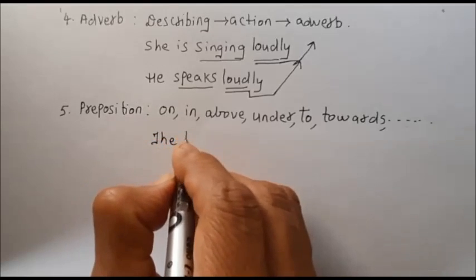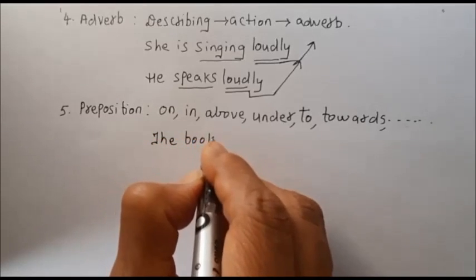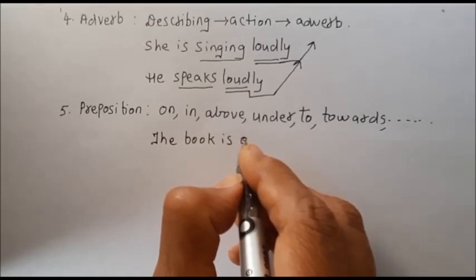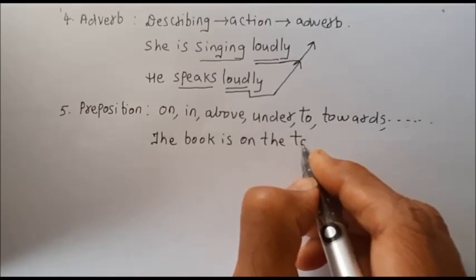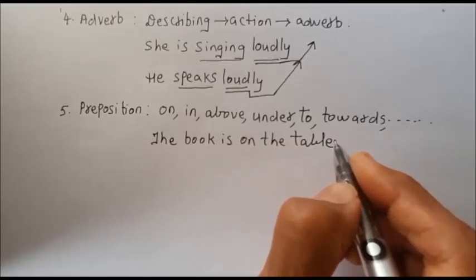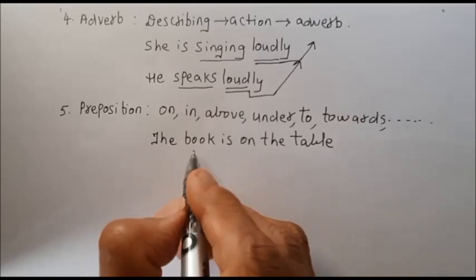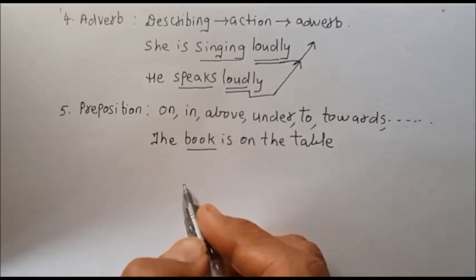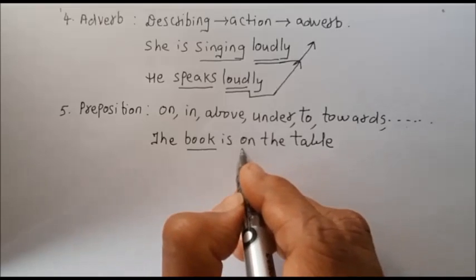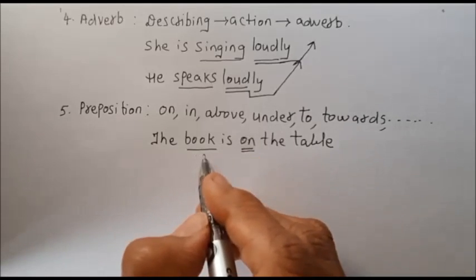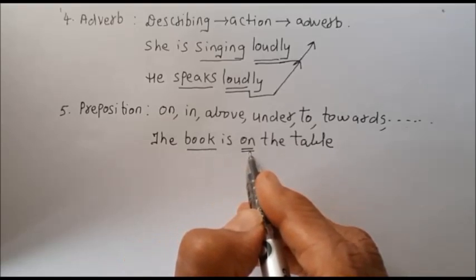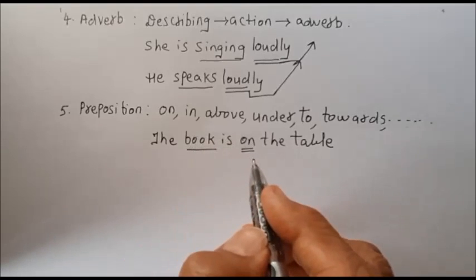The book is on the table. Now when I say it is on the table, we have to see the position of this noun. Where is it? It is on. So this on is the position of the noun, so we term it as a preposition.